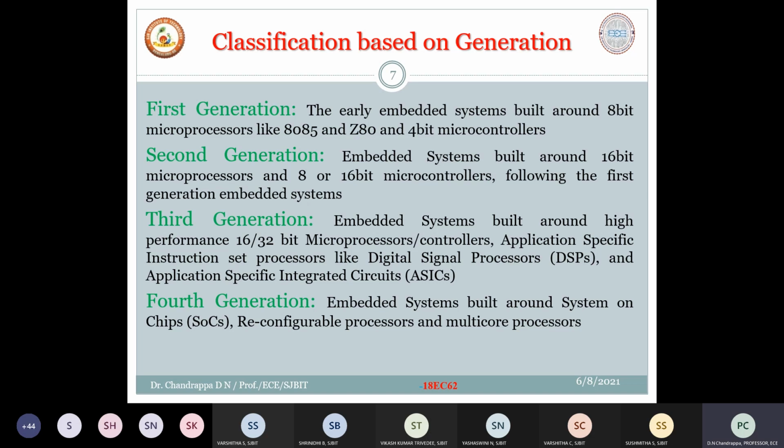Now we'll come to the third generation. During this generation, embedded systems were built around high performance 16 or 32-bit microprocessors or microcontrollers.